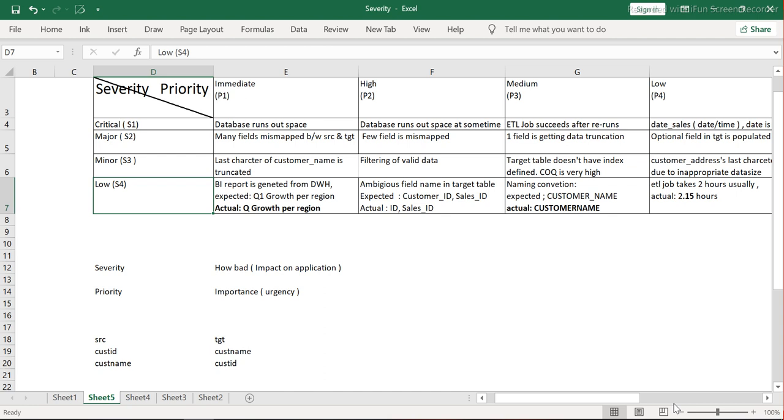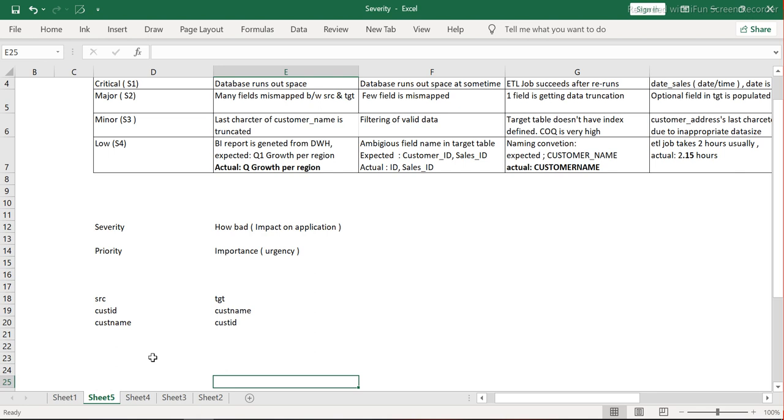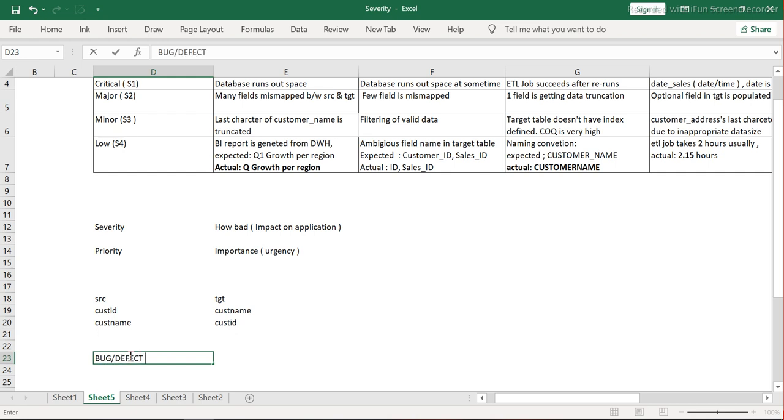All right, guys. One more important question is: who basically decides the severity and priority, okay? As we talked about, this is part of your bug or defect. In bug and defect, these particular fields are there, severity and priority, along with other fields, right?